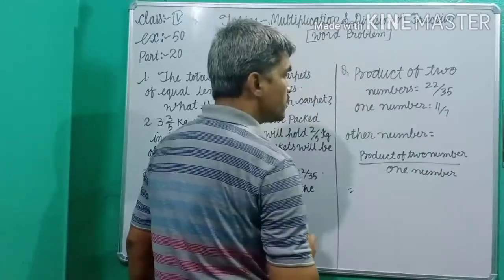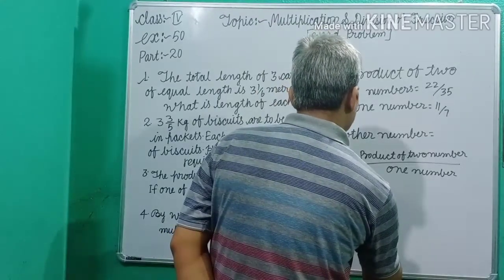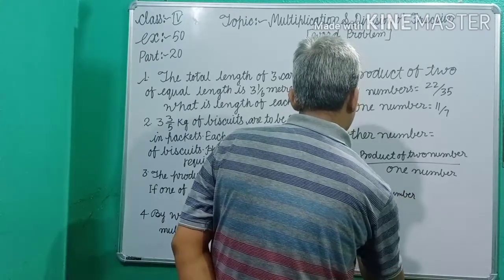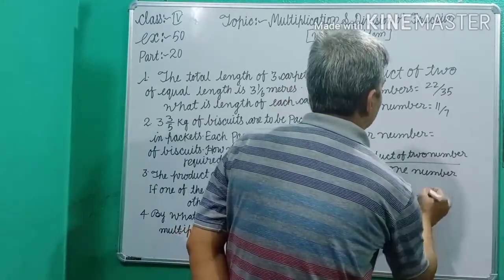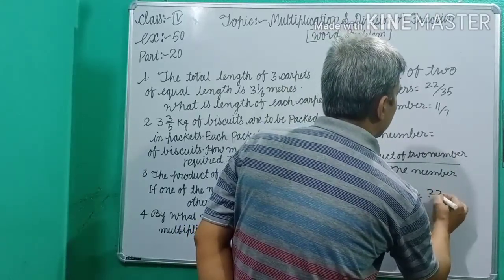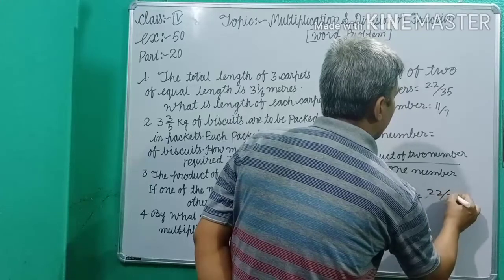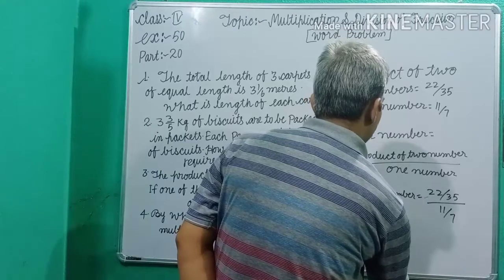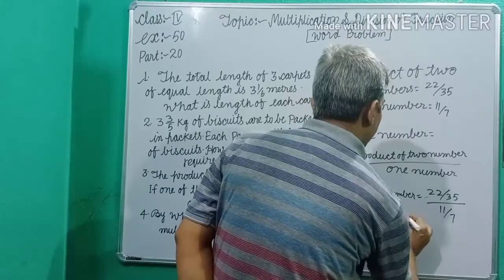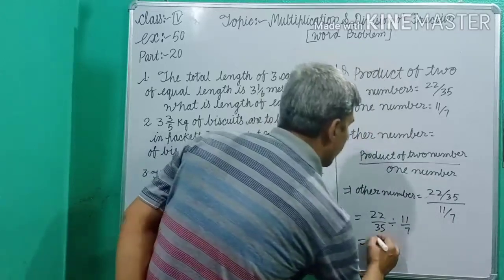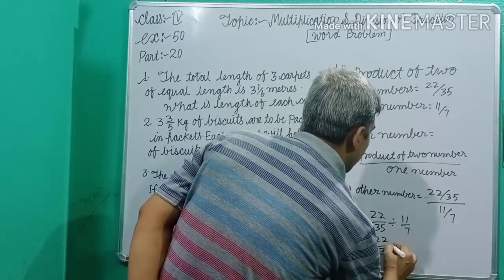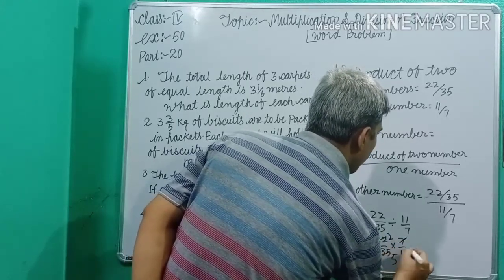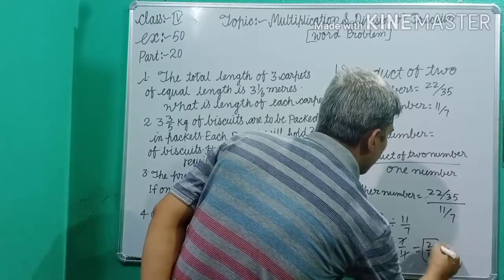So here the second number is equal to 22 by 35 divided by 11 by 7. Now, dear students, 22 by 35 multiplied by 7 by 11. 11 twos are 22, 7 fives are 35. Now, 2 by 5 is the other number.